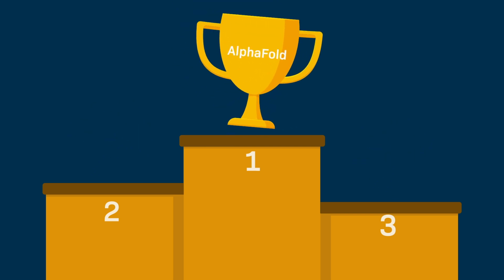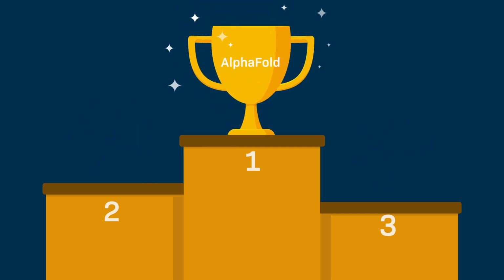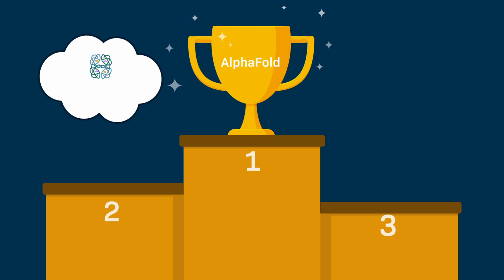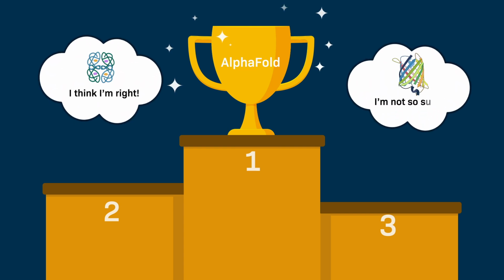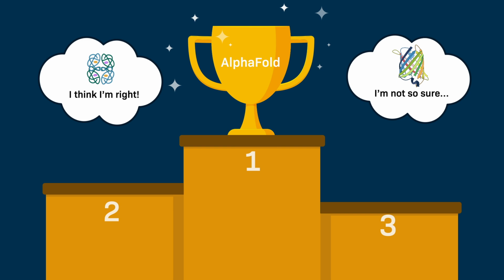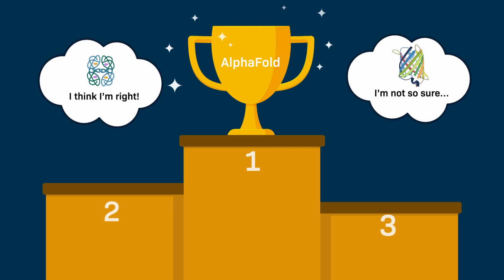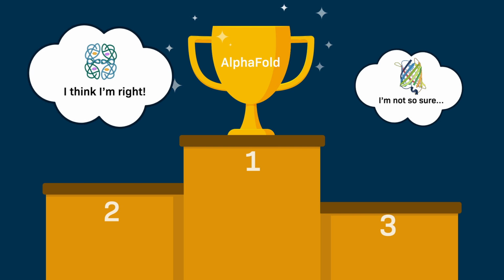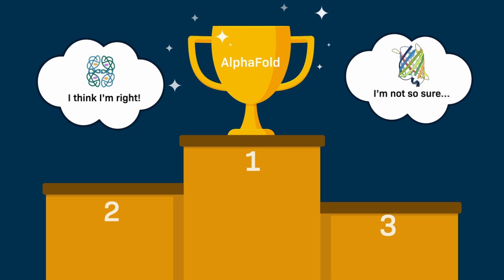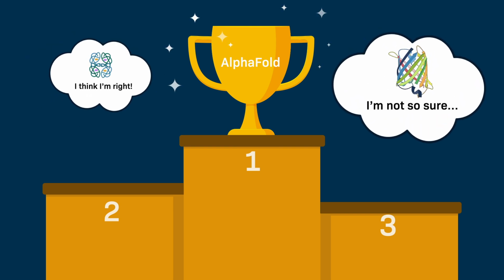In 2018 and 2020, AlphaFold dominated at CASP. One thing that set AlphaFold apart from its competition was its ability to self-assess. Based on its results at CASP, AlphaFold is great at knowing when it's likely to be correct and recognizing when it cannot make confident predictions.